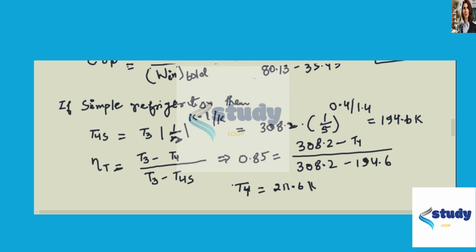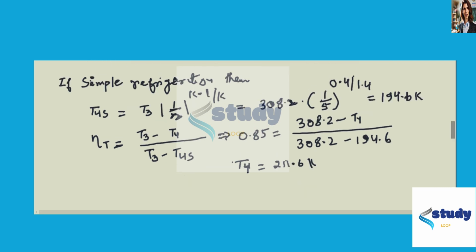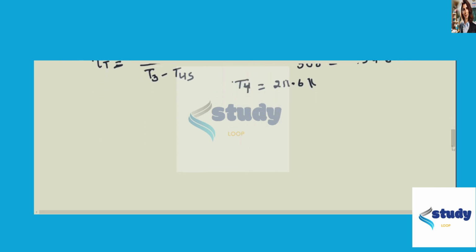Now the rate of heat transfer at low temperature will be mass flow rate into specific heat into change in temperature from second to first state, that is T2 minus T1.